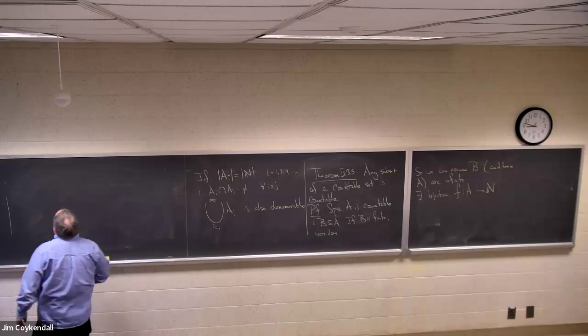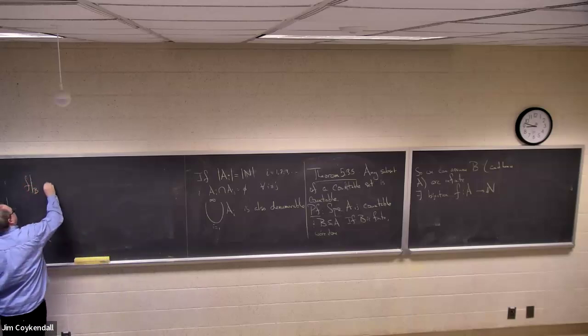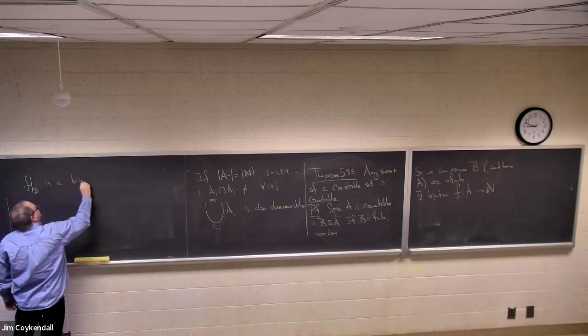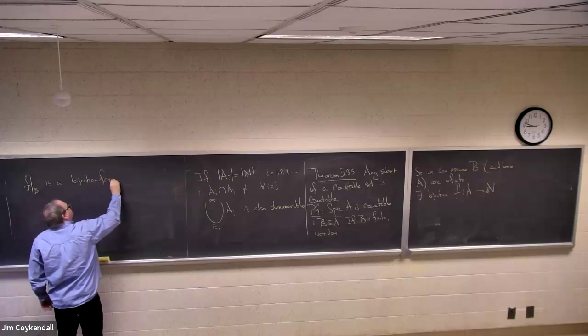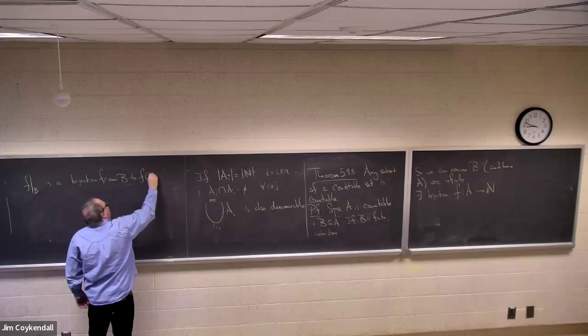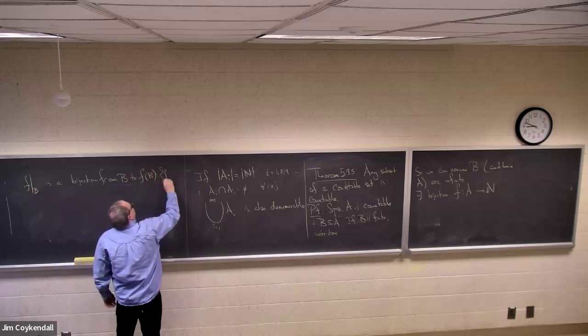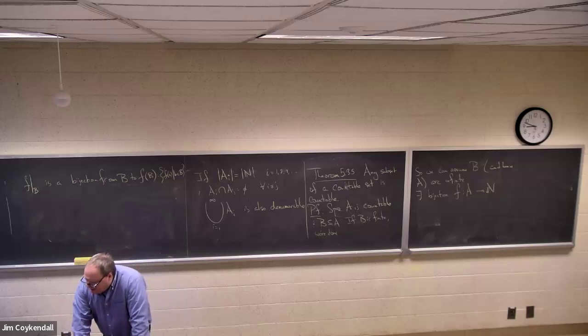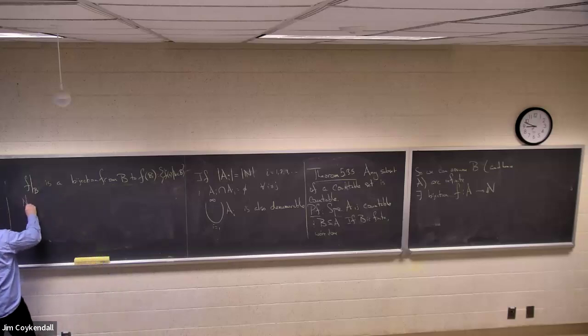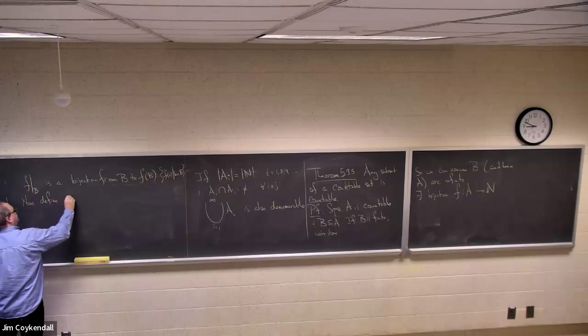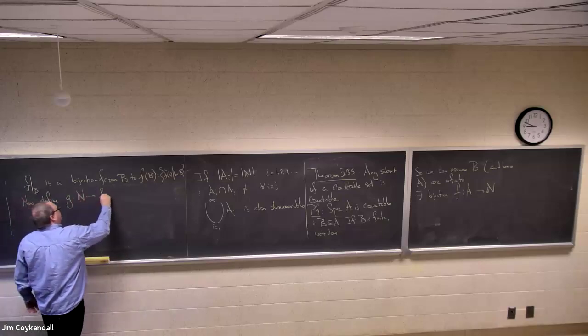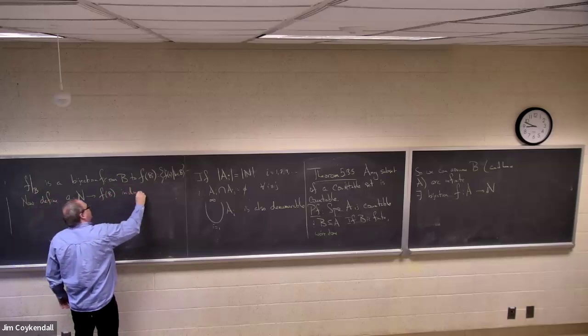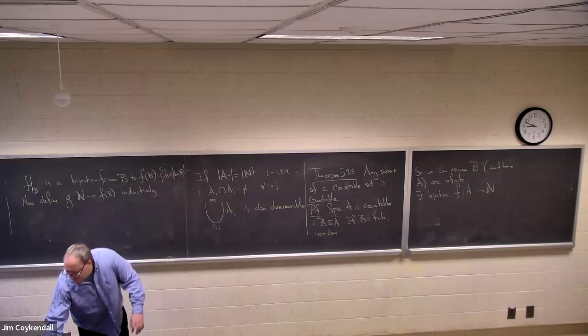And notice F restricted to the subset B is a bijection from B to F of B, which is the image, a subset of the natural numbers. So we now define a function G from the natural numbers to F of B inductively in the following way.